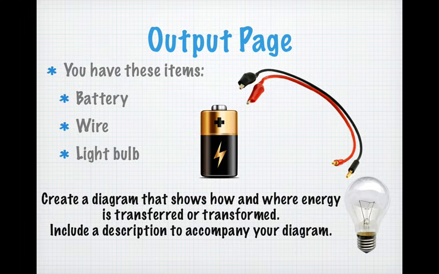But those light bulbs don't stay cold, so there's also a release of another type of energy. So you're probably going to want to look online, do a little research as to how this works, and then draw a diagram of a setup where the battery and the wires and the light bulb are all connected, and the energy is transferred and or transformed throughout that system.